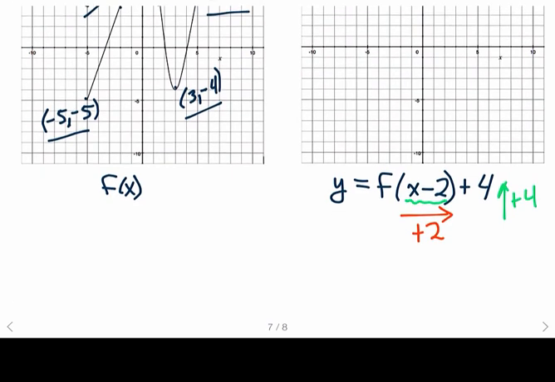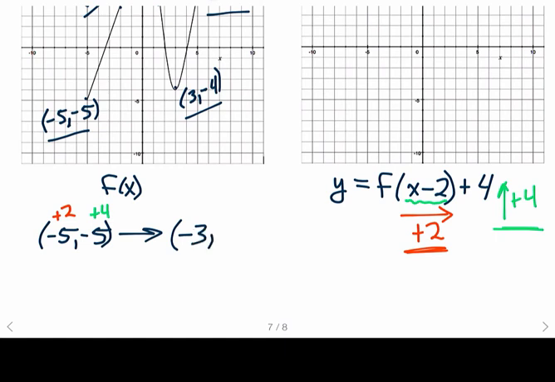We'll start with (-5, -5). According to what we've written down, our graph is going to move to the right by 2 units and then up by 4 units. The effect is that we're going to add 2 to the x-coordinate, and then add 4 to the y-coordinate. So under this transformation, the point (-5, -5) will move to (-3, -1).